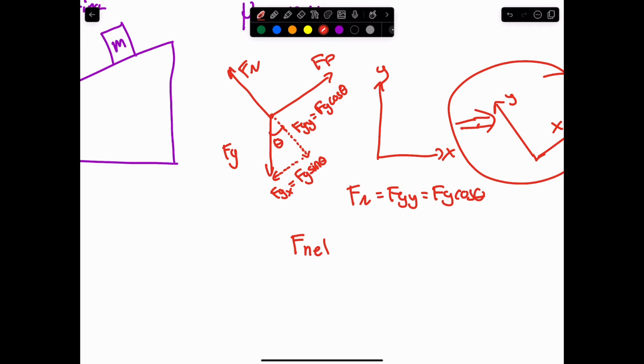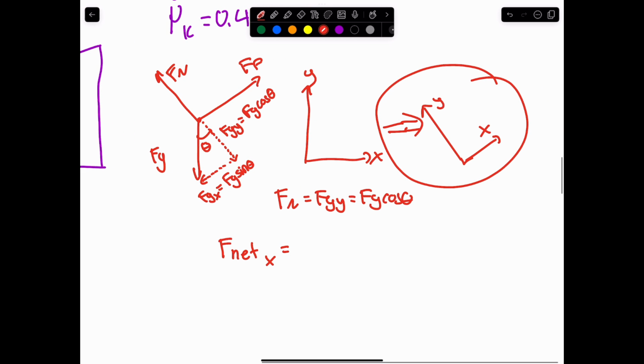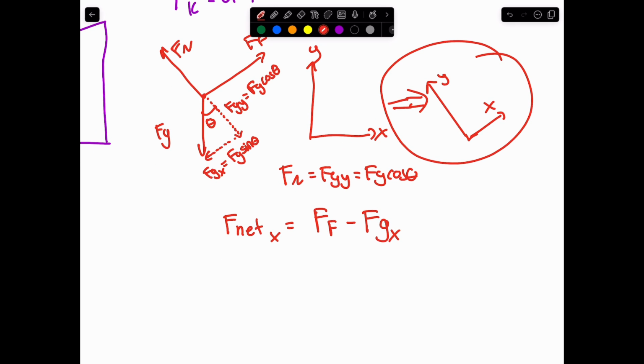Fnet x is equal to, I put x positive going up, so it'll be Ff minus Fgx. And we can go ahead and make some substitutions here. First of all, Fnet x, according to Newton's second law, F equals ma, so Fnet equals max.